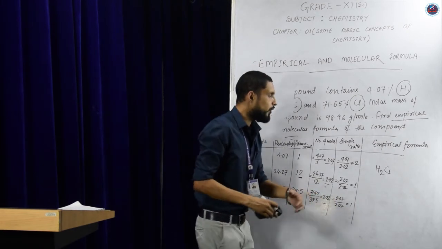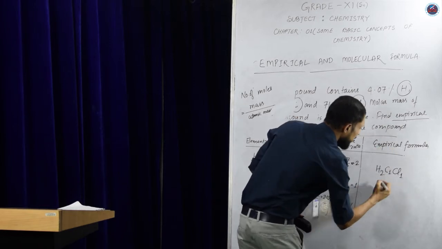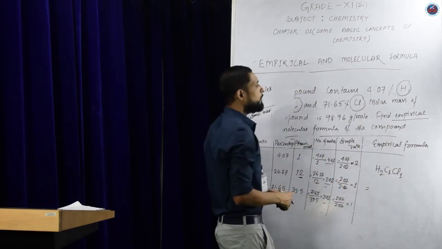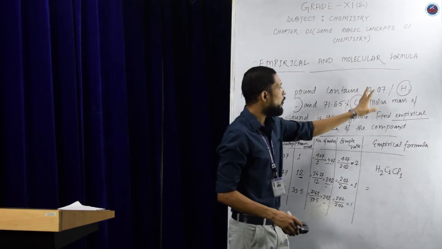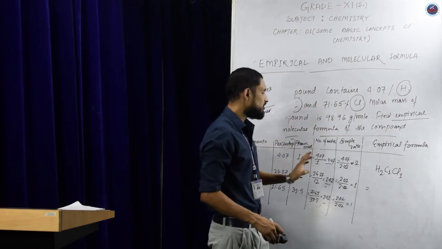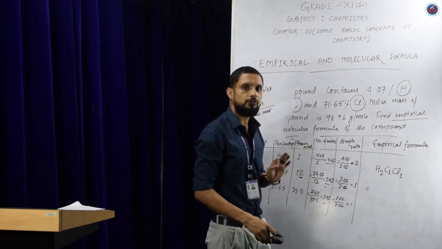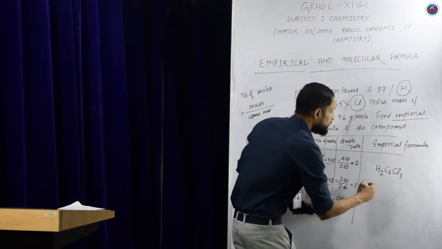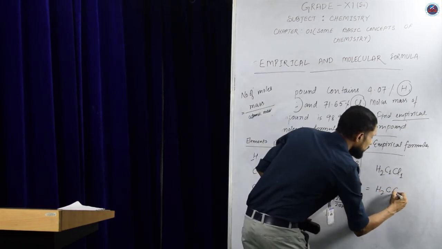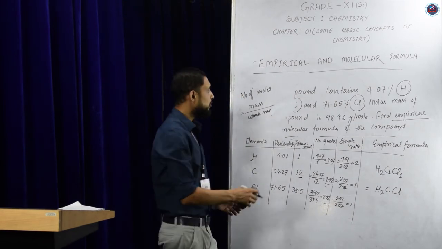Chlorine simple ratio is 1, so we'll write Cl1. So the empirical formula of the compound having 4.07% hydrogen, 24.27% carbon, and 71.65% chlorine is H2CCl.